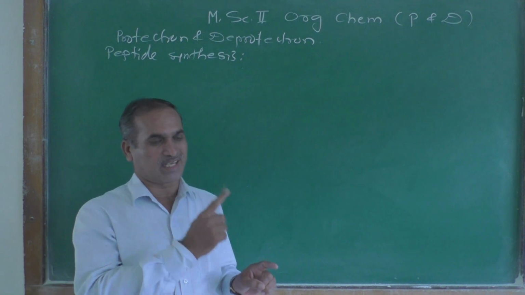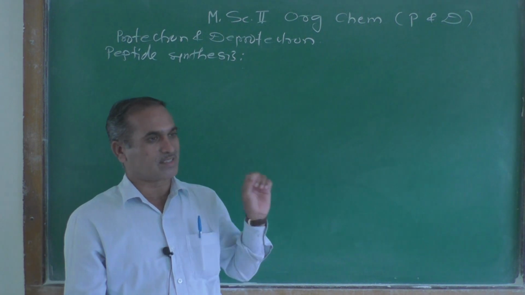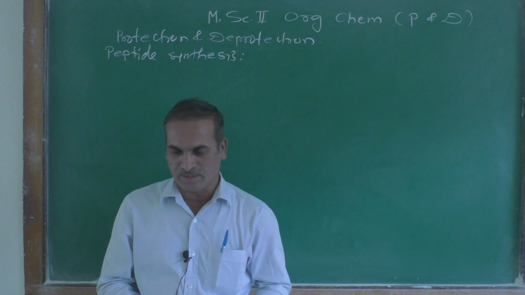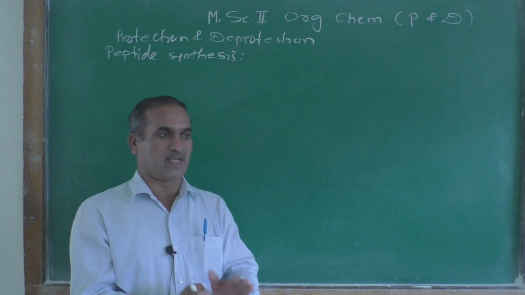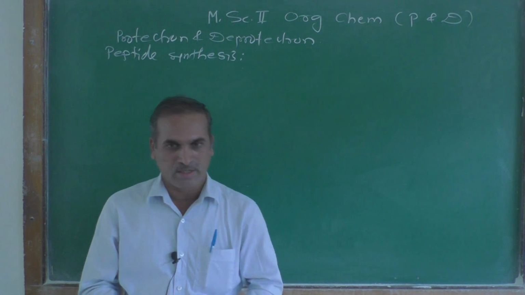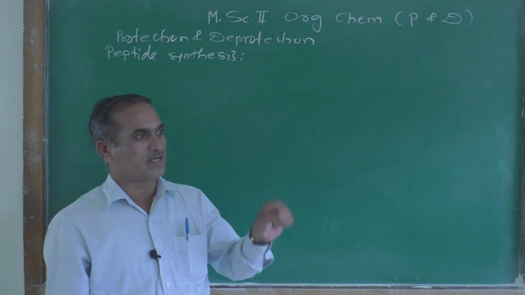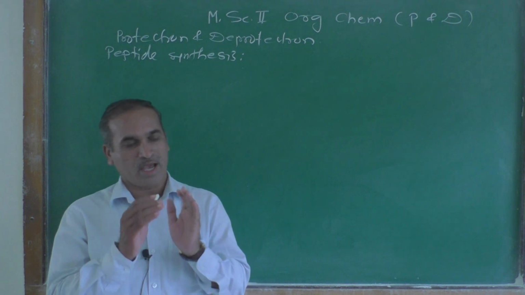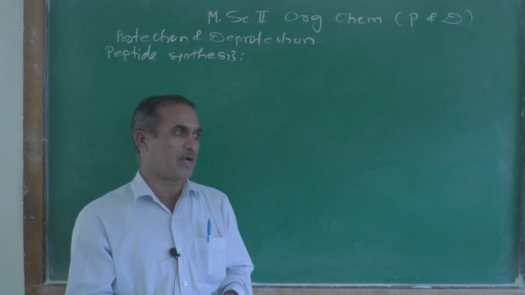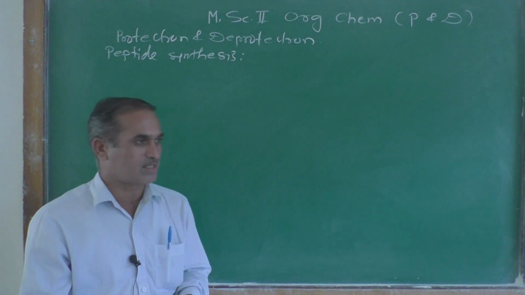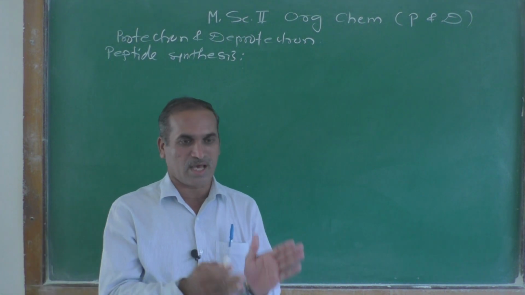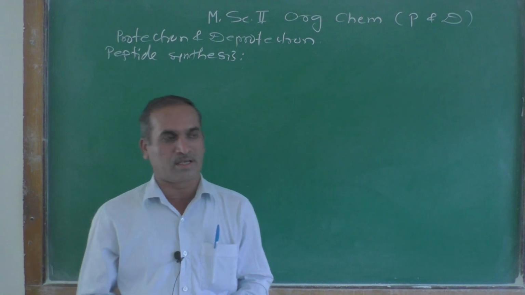As we know, D and L are used as a relative configuration. These are nomenclature systems specially designed for carbohydrates and amino acids. All carbohydrates are present in the D form, whereas all the amino acids are present in the capital L form.